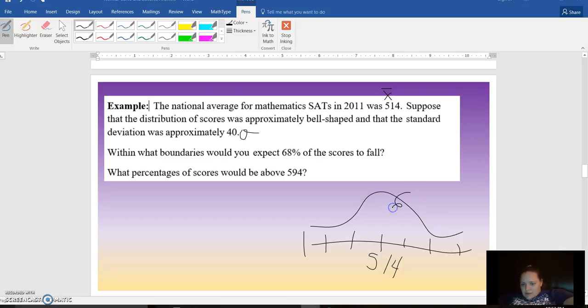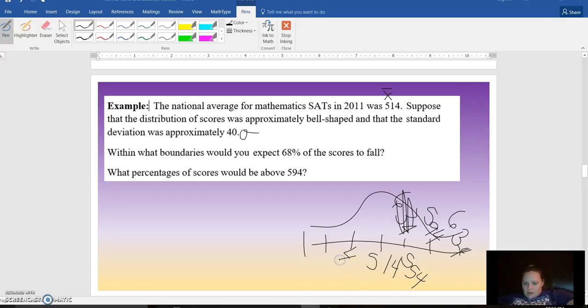So I get 554, 594, 634. Then I'm going to take 514 minus 40, minus 40, minus 40.